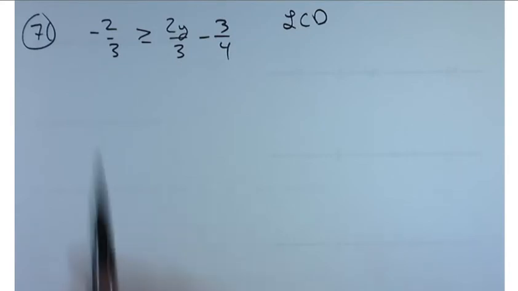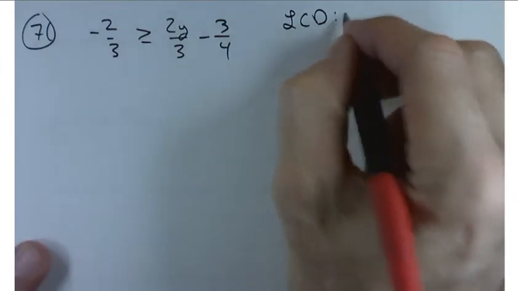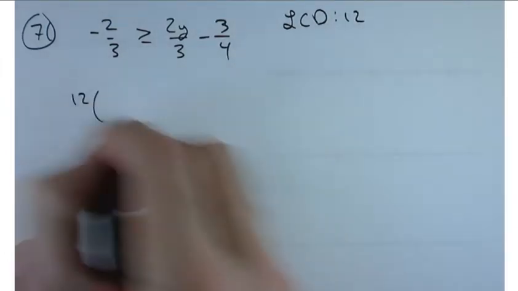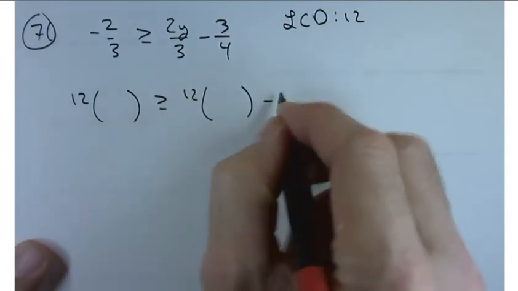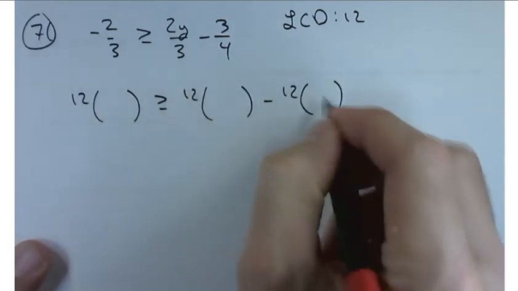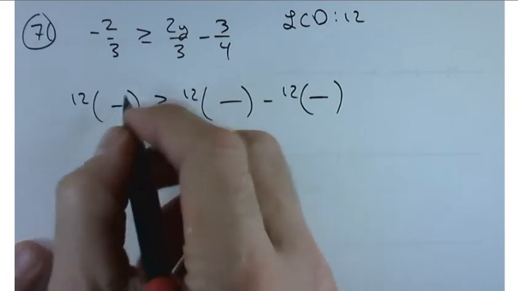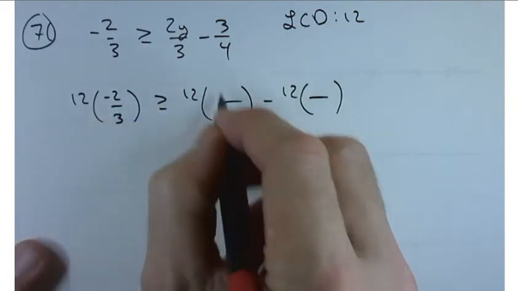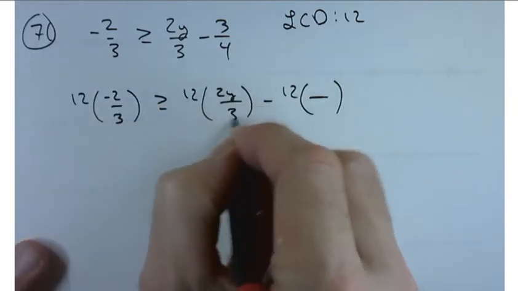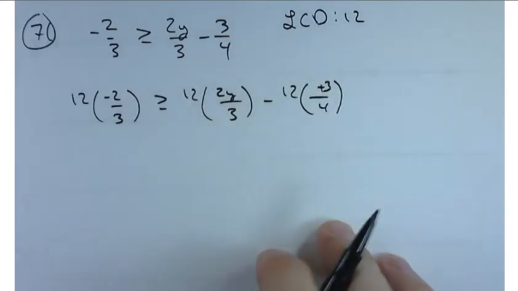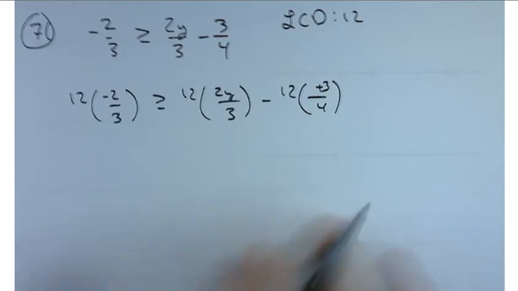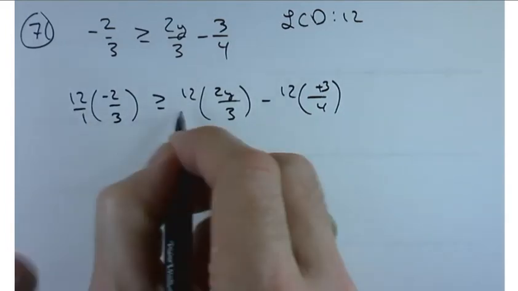The LCD of all of these is 12. So it's going to be 12 times every term here. If it helps, you can think of it as 12 over 1.